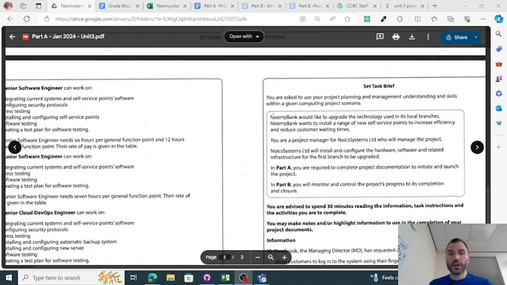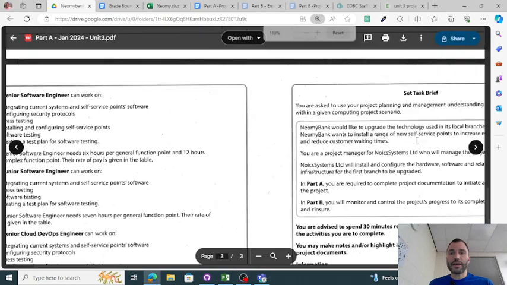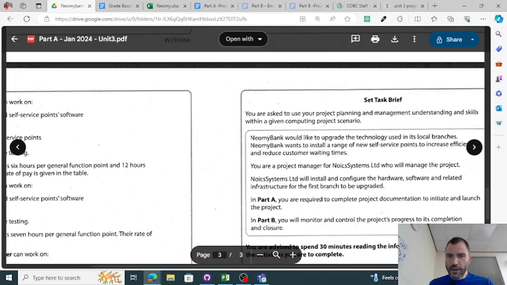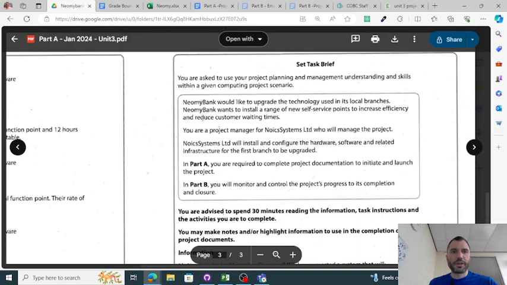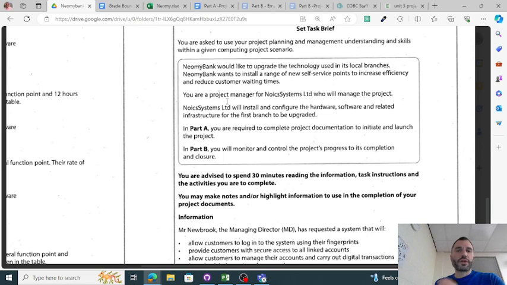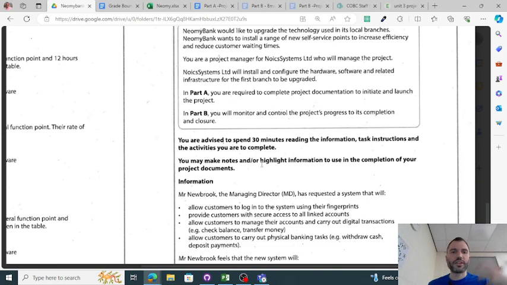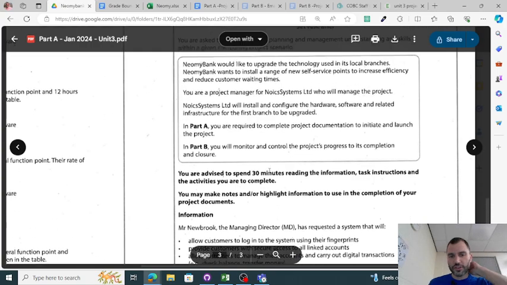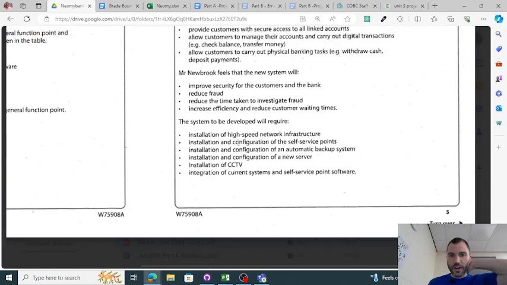So what was the whole scenario about? Well, Neomy Bank, sounds like a Japanese bank, right? They want to upgrade their systems to make them more efficient. They want people to have fingerprint scanners. They need a much faster, high-speed network, and self-service check-in points for people to get their money out and check their balances. They also want to make sure that the systems are more secure, don't they?